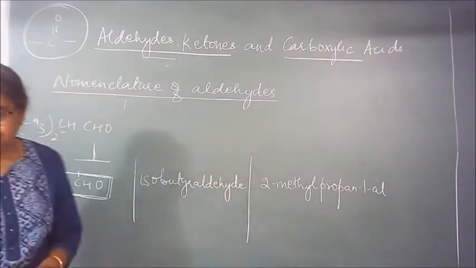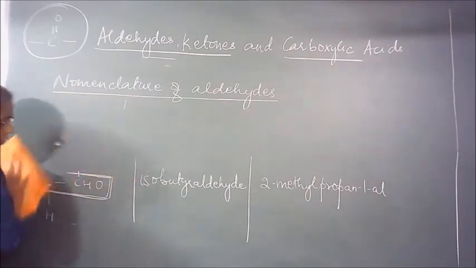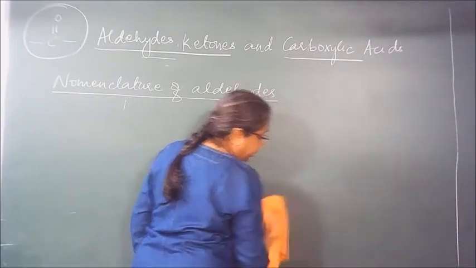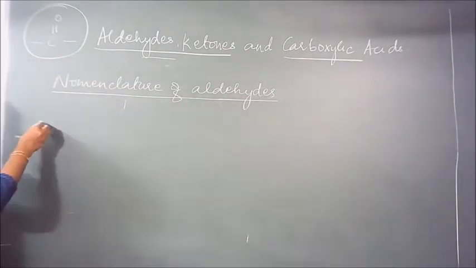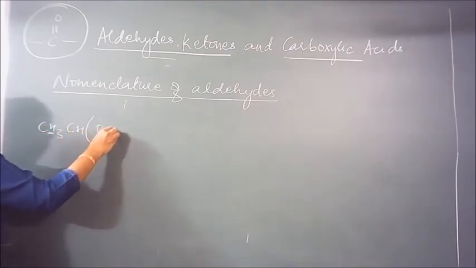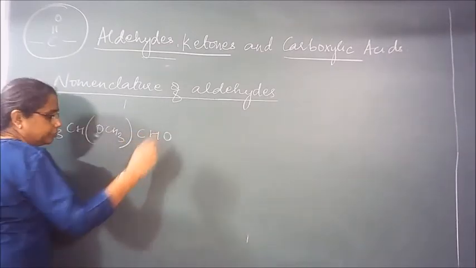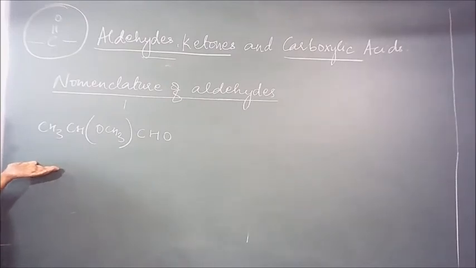Now let us talk about the next compound, which is very important. I am doing all the important compounds where you can go wrong. The next one is CH3CH(OCH3)CHO. We have to write the name of this compound.